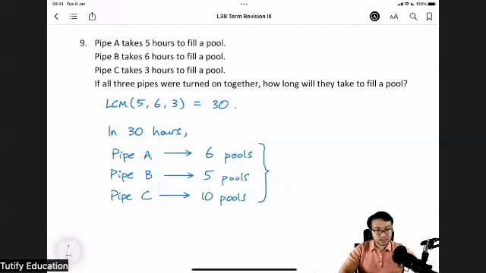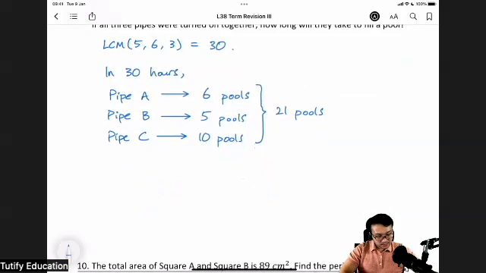So, what is the total number of pools that they can fill up together? 20? Can you add properly? 21. Yes, you're going to be able to fill up 21 pools in 30 hours. So if you turn on all the 3 pipes together, you can fill up 21 pools in 30 hours.